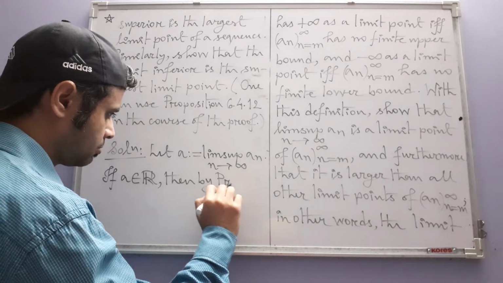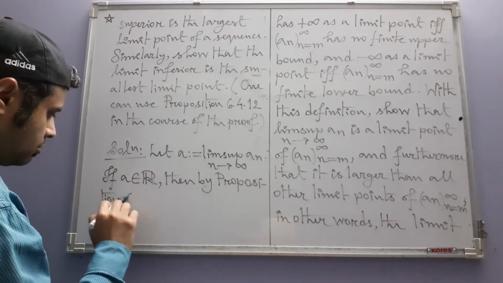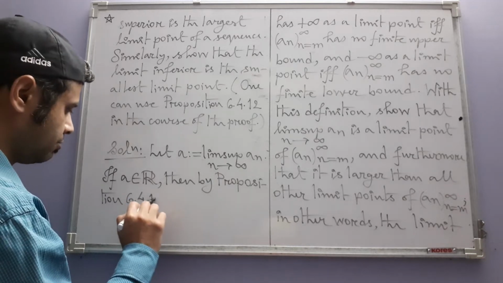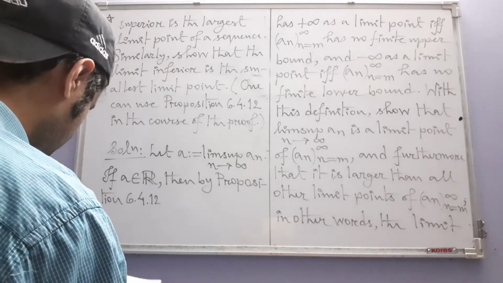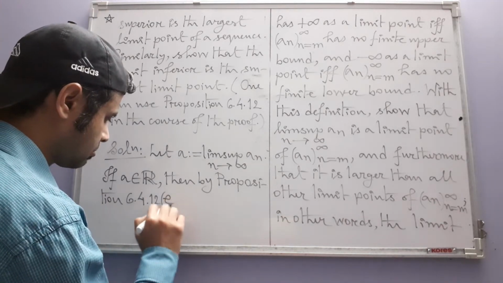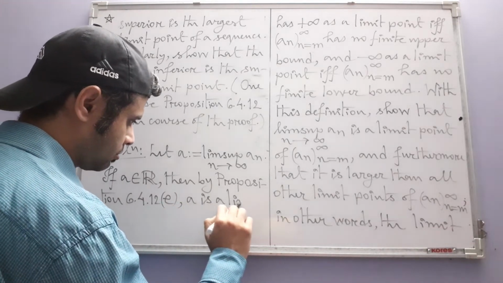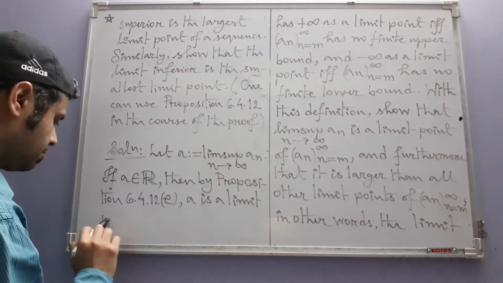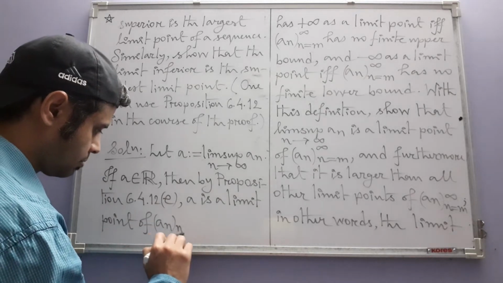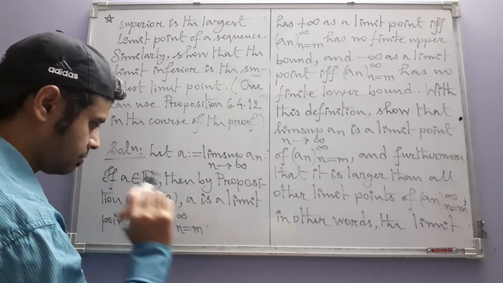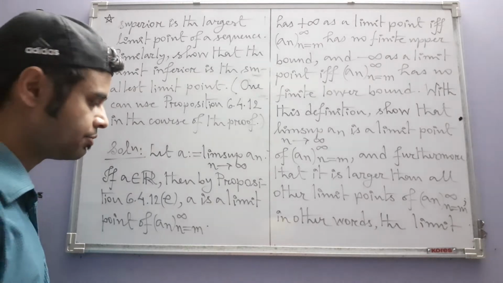Then by proposition 6.4.12, part E, A is a limit point of the sequence an. Okay, now next assume the case where A is plus infinity.